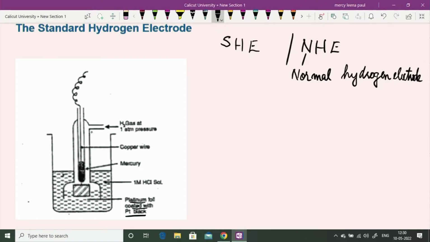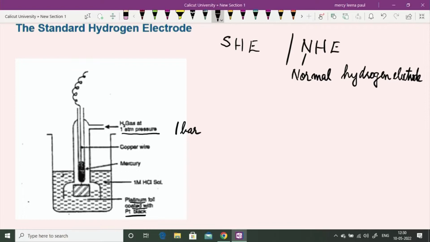You have a side tube through which you can bubble hydrogen gas, and for the standard hydrogen electrode the hydrogen gas has to be bubbled at 1 atmosphere pressure, or to be more accurate, 1 bar. Okay.